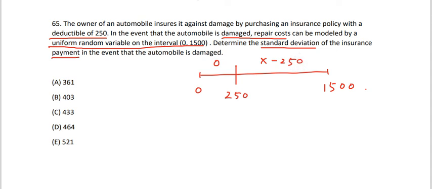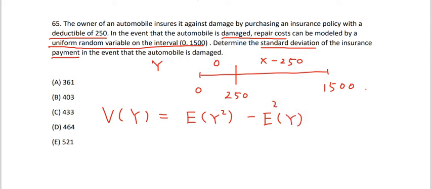So we need to find the variance of the payment. Let the payment be y. So we want to find V(y). According to the definition, V(y) equals E[y squared] minus (E[y]) squared.